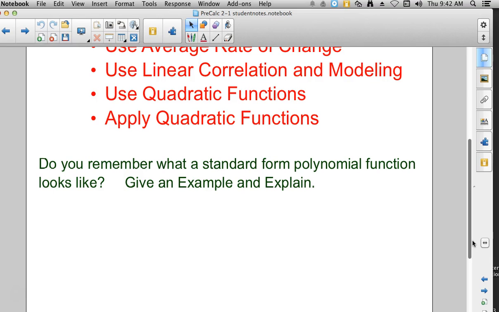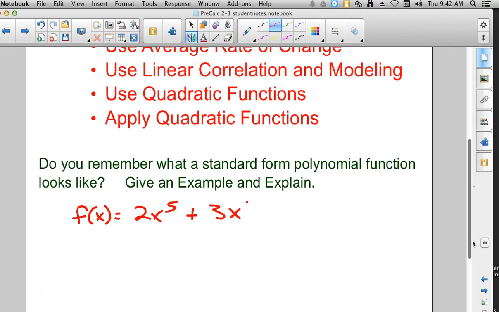And go as basic or complicated as you like. I just put up a quick example up here of a standard form polynomial function.